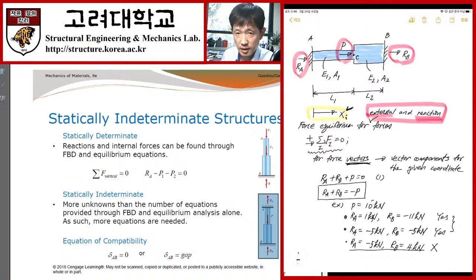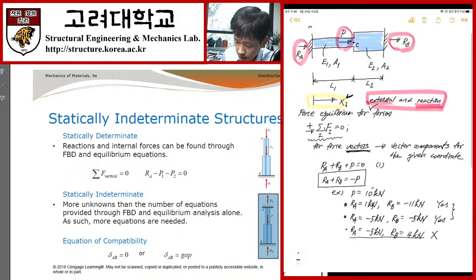Is it clear? That's the key point to understand the characteristics of statically indeterminate structures. So we have two unknowns, but we have only one force equilibrium condition. That's why we cannot determine all the reaction forces specifically. That's the problem.